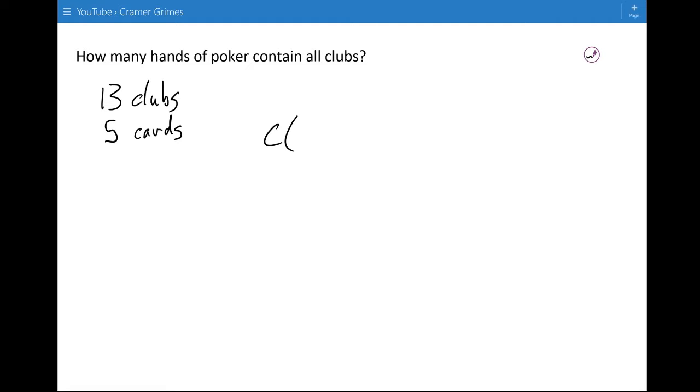So here, combination of the 13 clubs, choose 5 of them to be in my hand. Now, I'm not going to go over the gritty details of actually calculating this. I would just suggest using a calculator. So whatever calculator you're using, see if you get the same numbers that I'm coming up with. So here, 13 choose 5 would give us 1,287. Okay, simple enough problem.